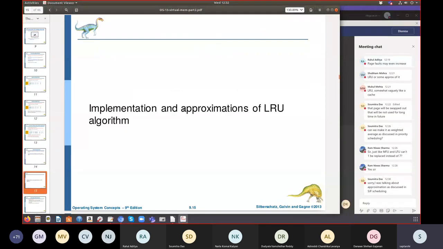Now we will discuss the actual implementation of LRU. But before that, any question?